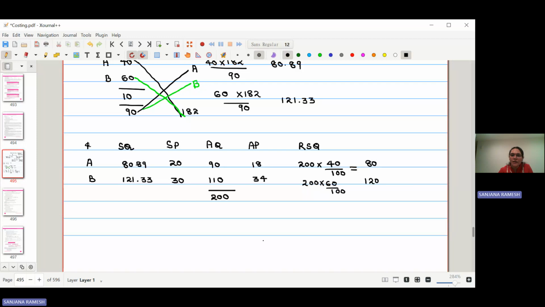Then we can see that for these two, the quantity is same, but ratio is different. Ratio or mix is different. So these two differences will give you the material mix variance.